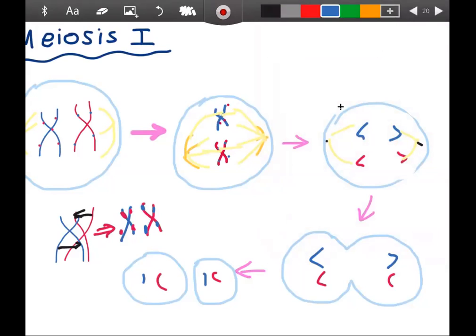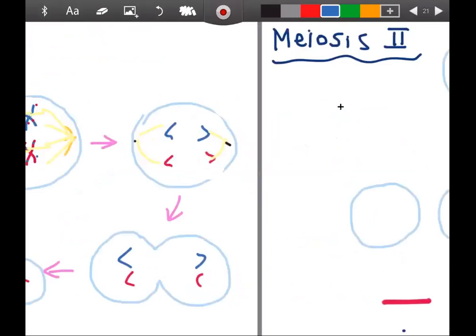The result of meiosis 1 is we have two cells, and each of them is going to have one of the maternal chromatids, one of the paternal chromatids. But in order to form gametes, we need them to be haploid. So these are still diploid because they have both the maternal and the paternal chromatids.